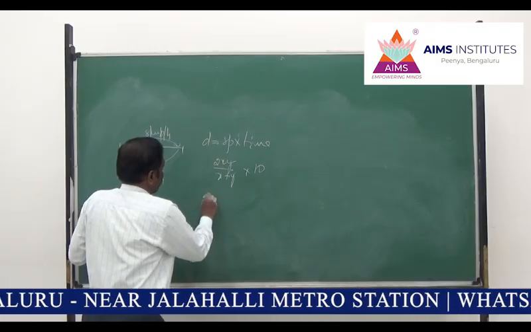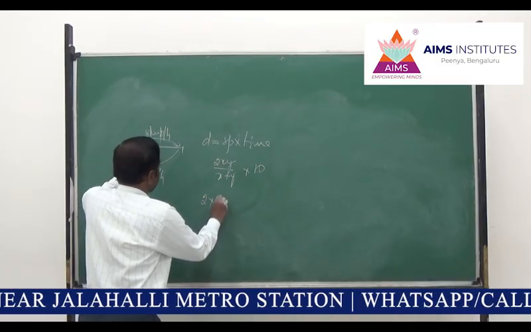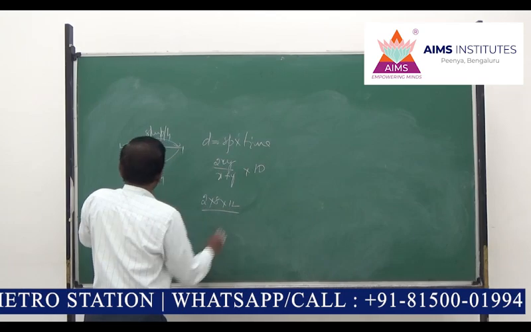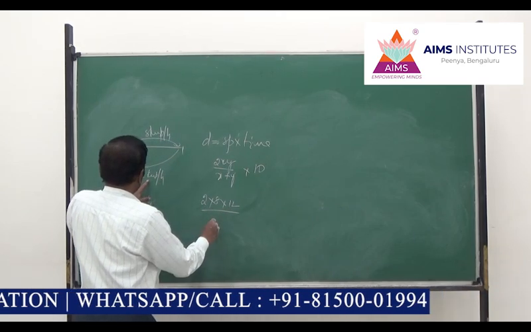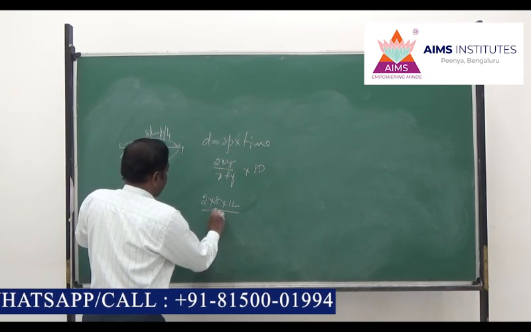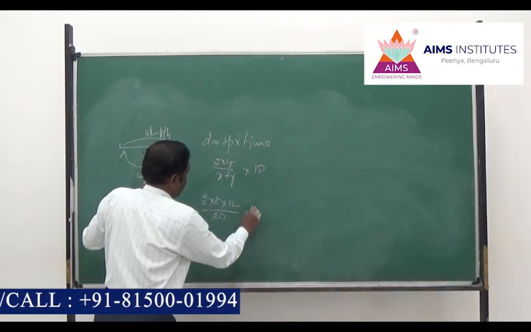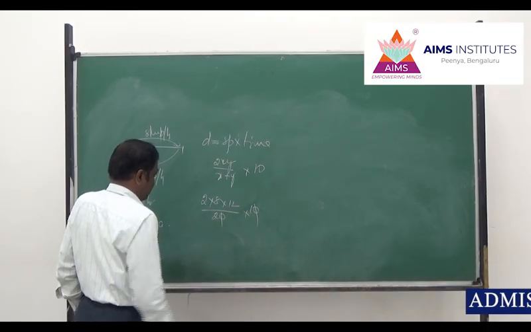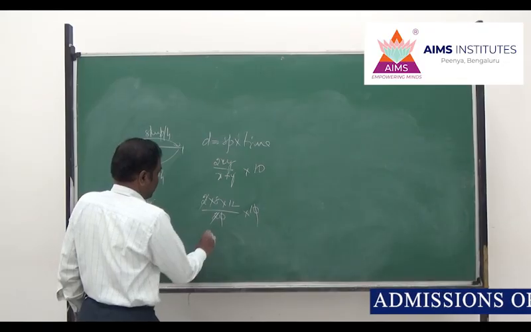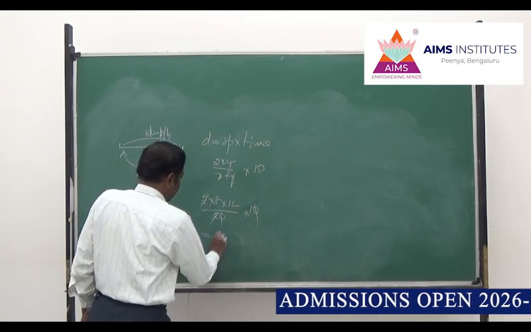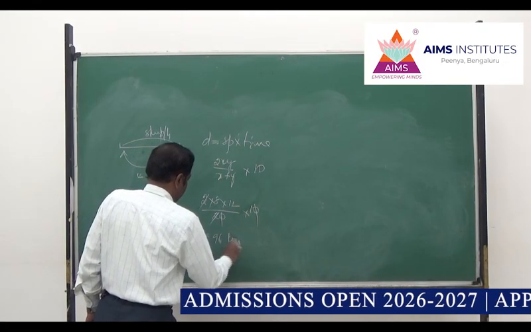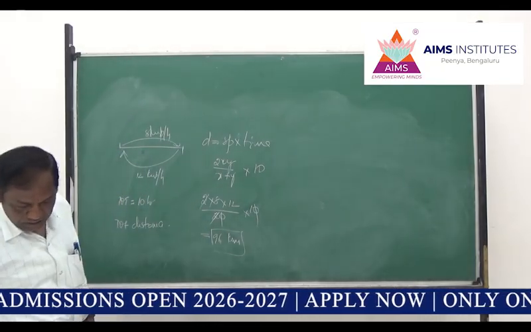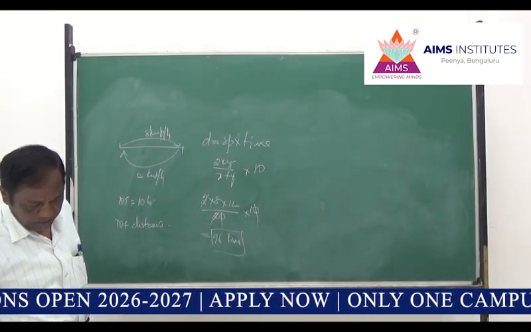Next step, 2 into 8 plus 12, 8 plus 12 is 20, into 10. Now simplify it. 0 gets cancelled here, this 2 gets cancelled here. It means 96 kilometers. Total distance is 96 kilometers.